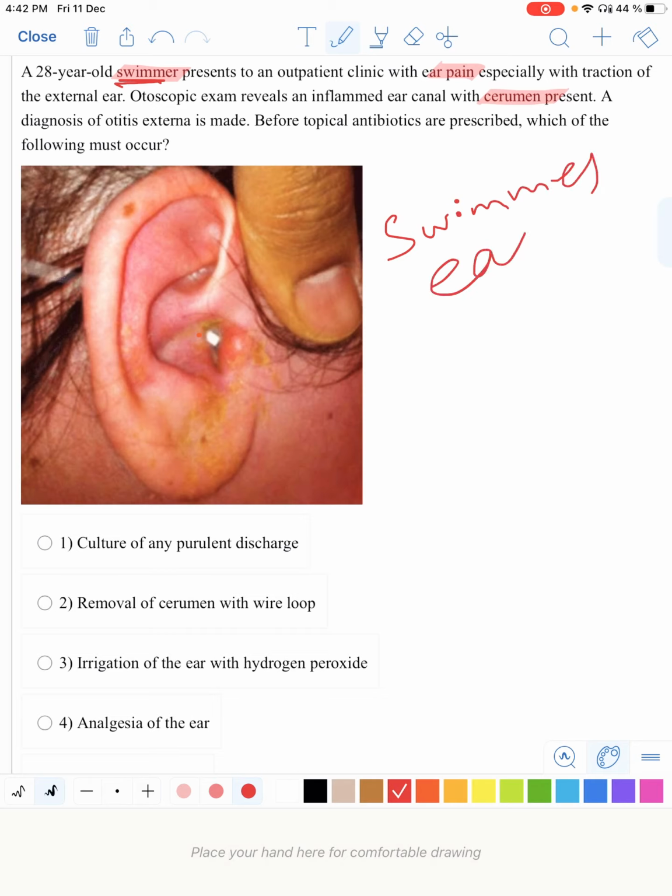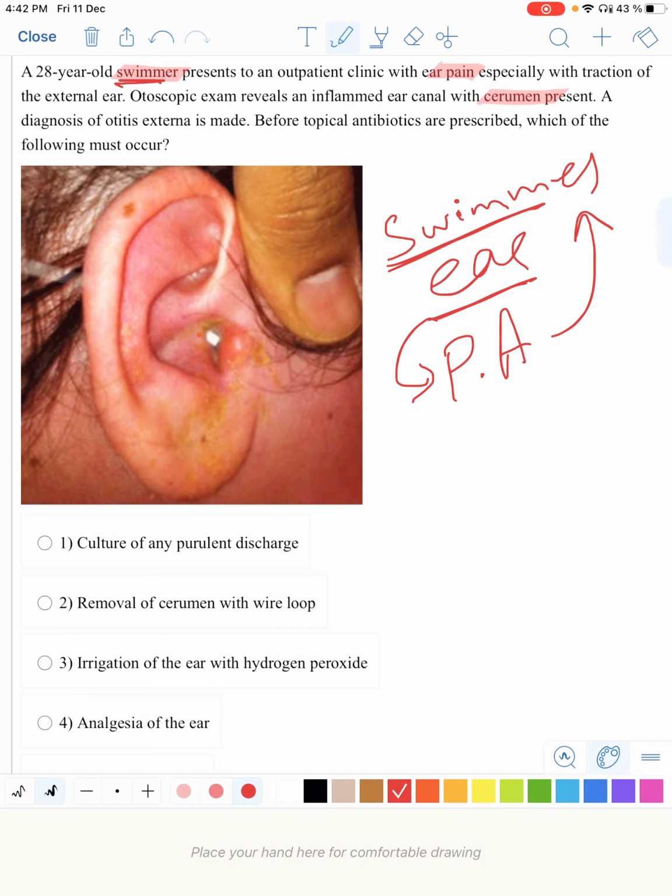Why is it called swimmer's ear? Because whenever a swimmer swims, it affects the external ear, causing otitis externa, because of Pseudomonas aeruginosa. So it is common in swimming pools. After swimming, the patient feels otalgia or pain.